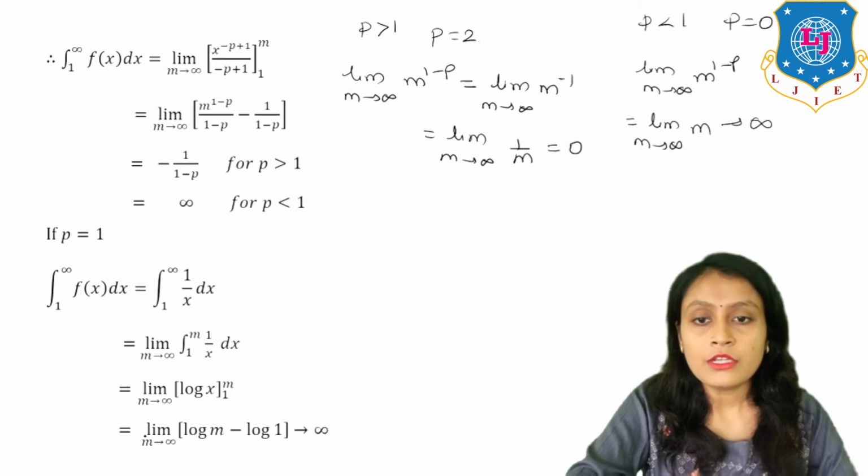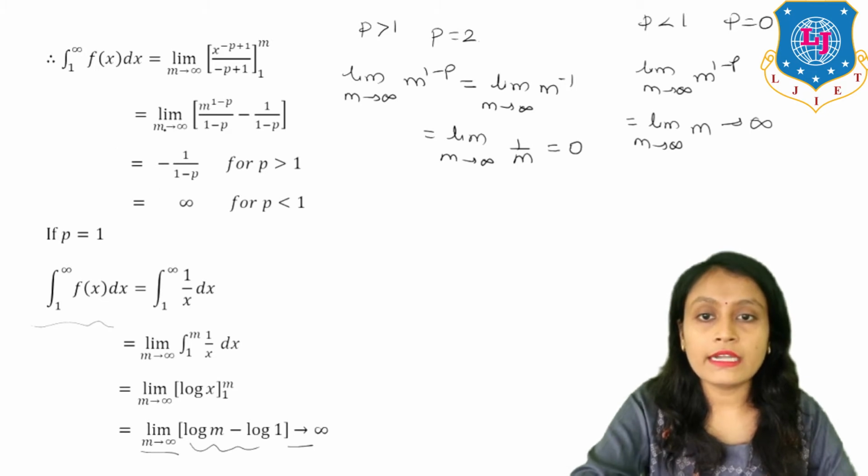Apply the limit, so you will get limit m tends to infinity, log m minus log 1. Now this will tend to infinity as m tends to infinity. So for p is equal to 1, the answer of this integration is infinite. Also you can see that for p less than 1, this integration is infinite, and for p greater than 1, this limit is finite.